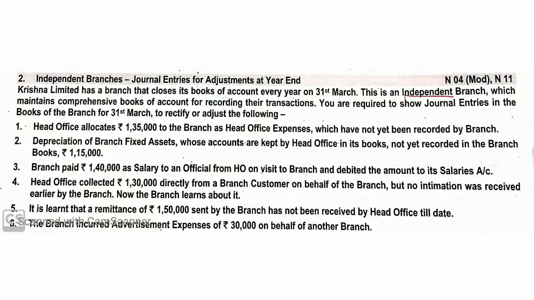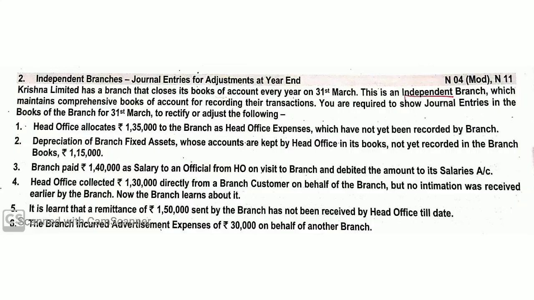And then the second transaction: depreciation of branch fixed assets whose accounts are kept by head office in its books, not recorded in the branch books, rupees 1,15,000. There are two cases: whether the fixed assets are maintained in the branches, or whether they are maintained in the head office.